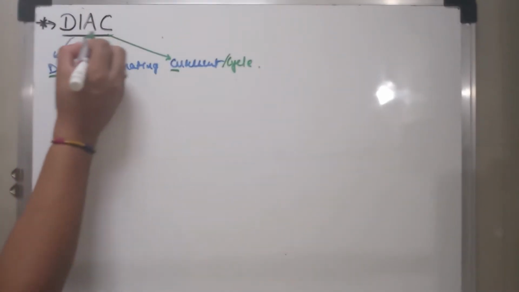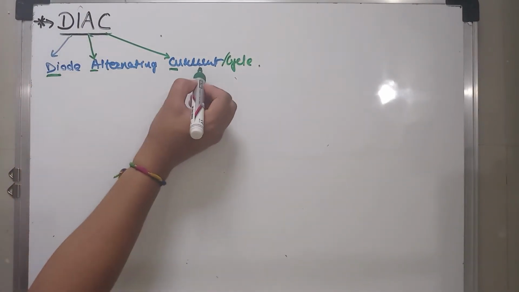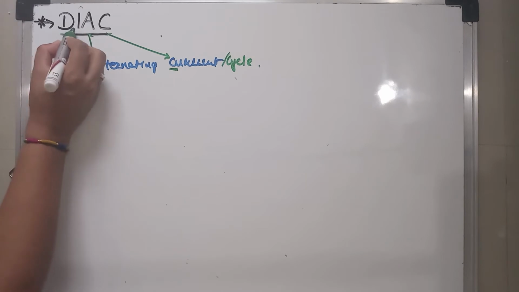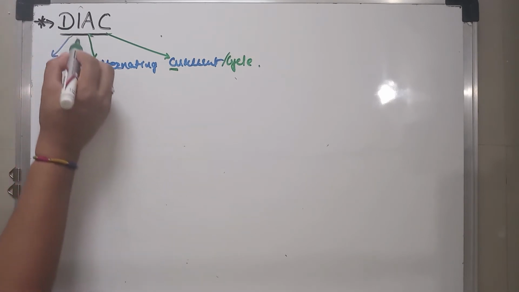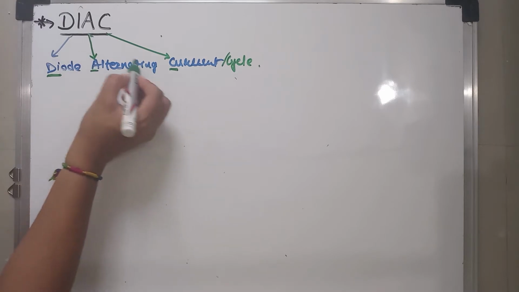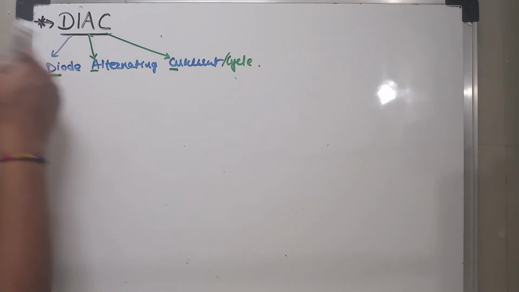So the term diac stands for diode alternating current: Di is from the first two letters of diode, A is from the first letter of alternating, and C is the first letter of current.